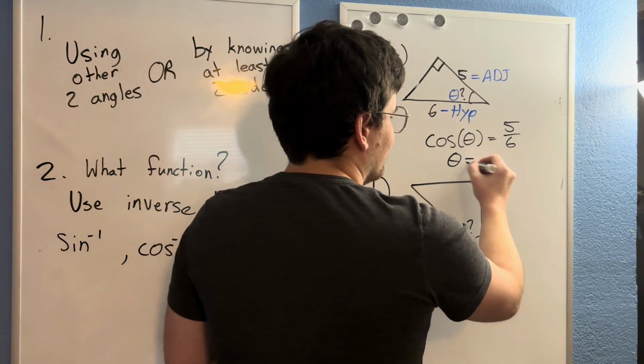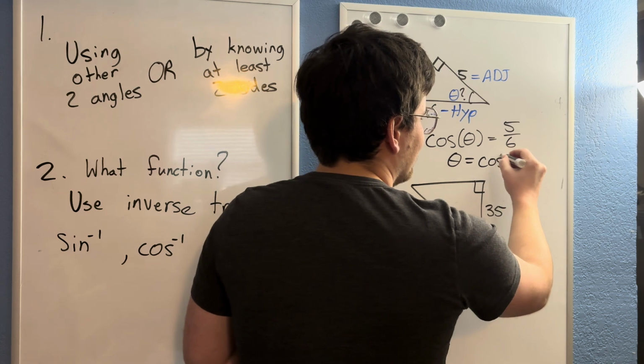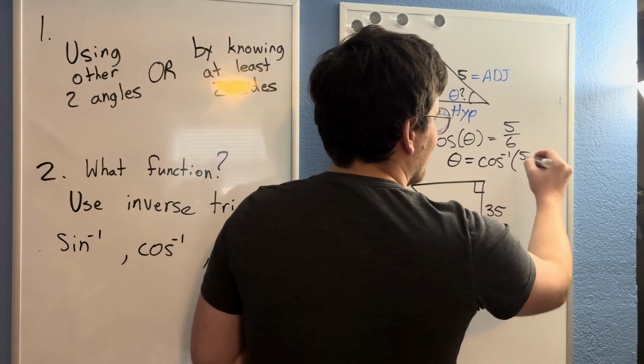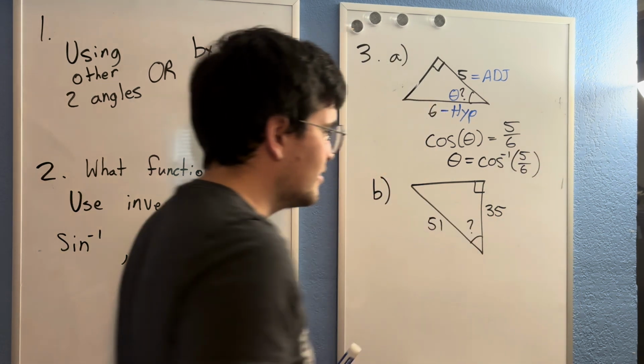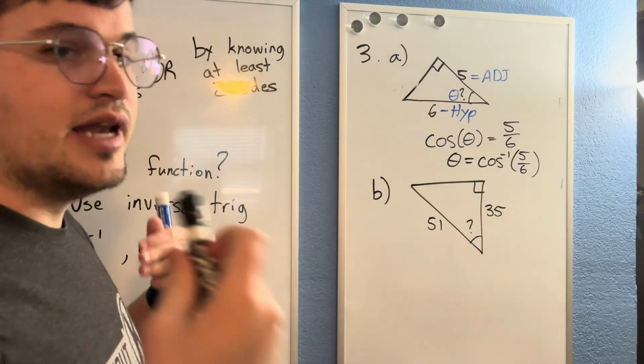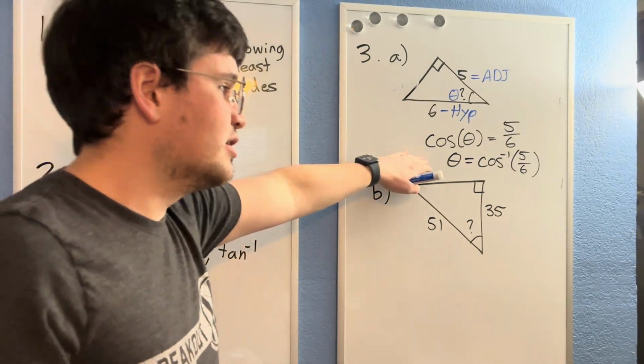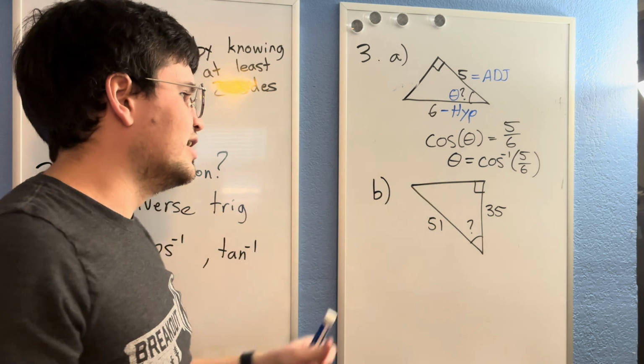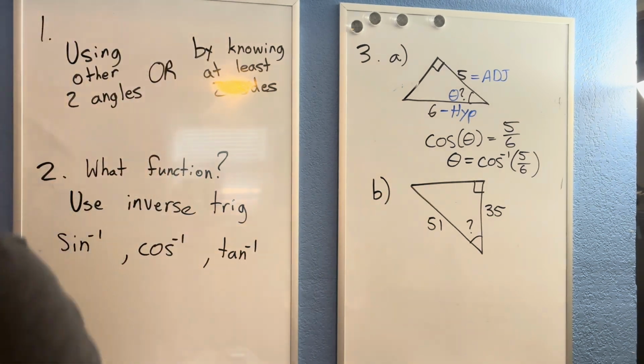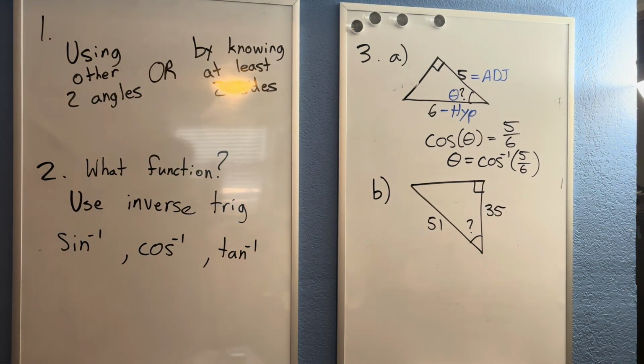So theta equals cosine inverse of 5 over 6. Now we solve for theta. We're going to round it to find a good degree angle here. And I'll show you how to do this inverse on the calculator, or remind you. Hopefully you've done this before.